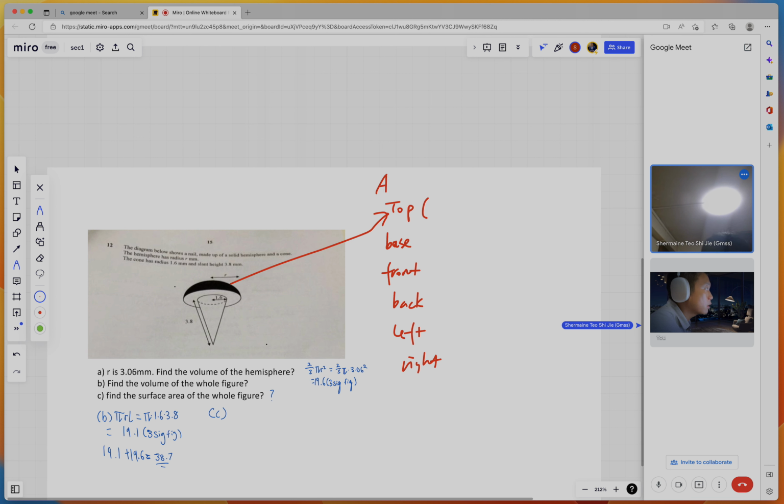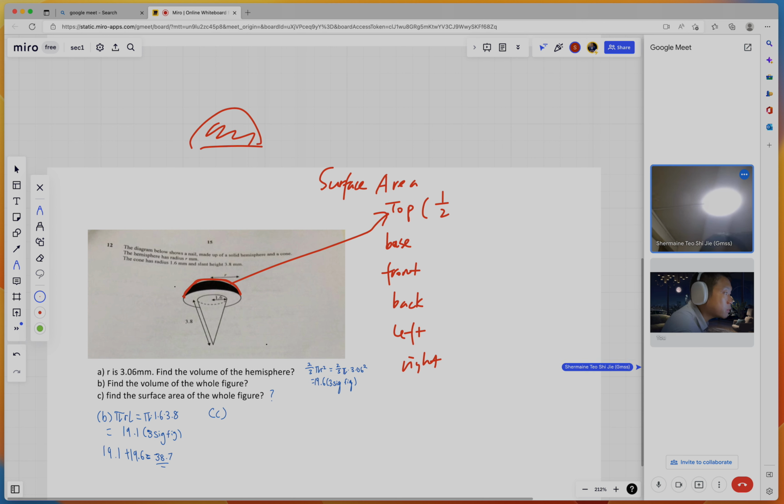By the way, we are talking about area now, surface area. So this top is what shape? Half what? Semicircle? Semicircle is this one.